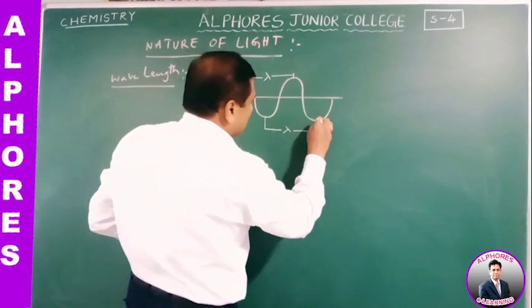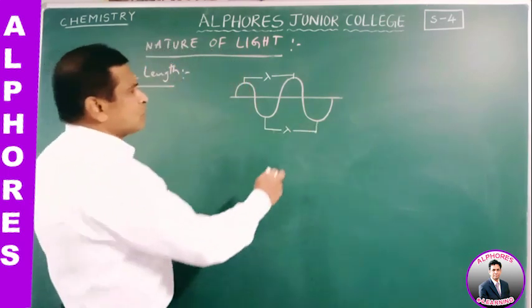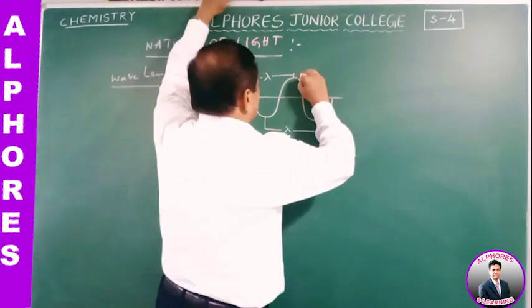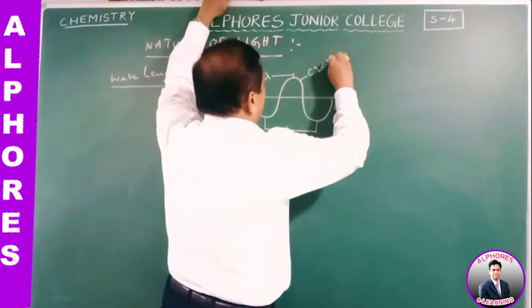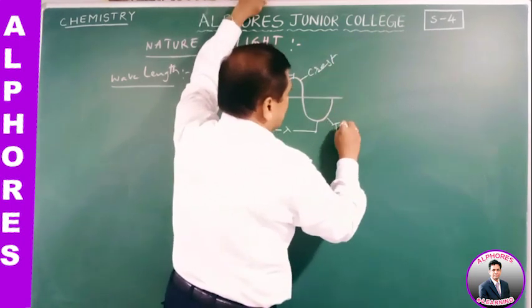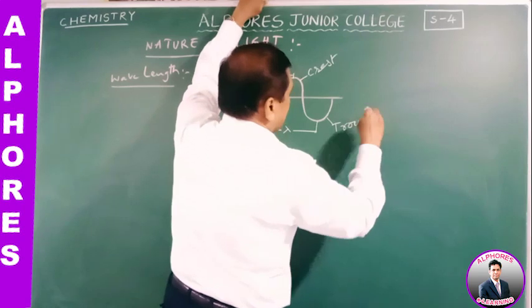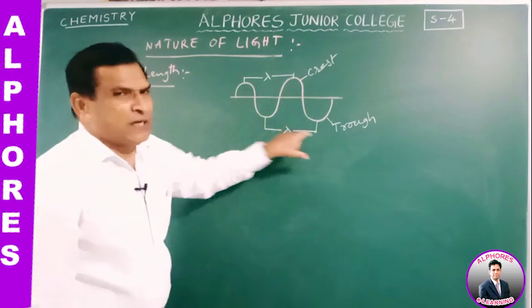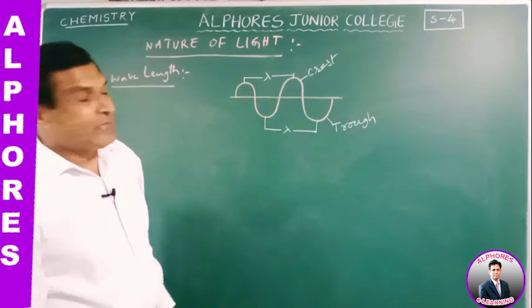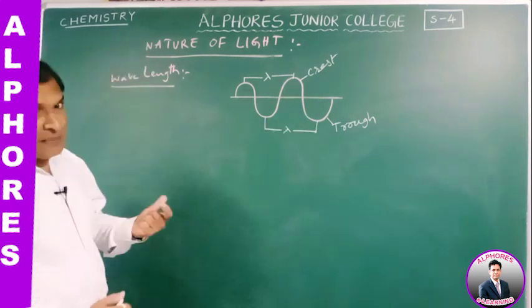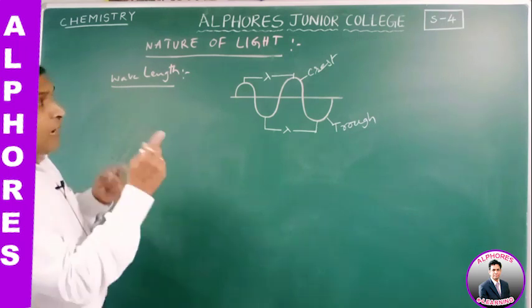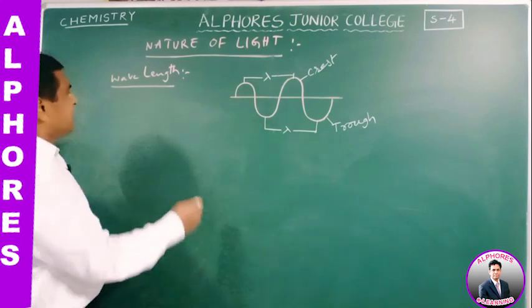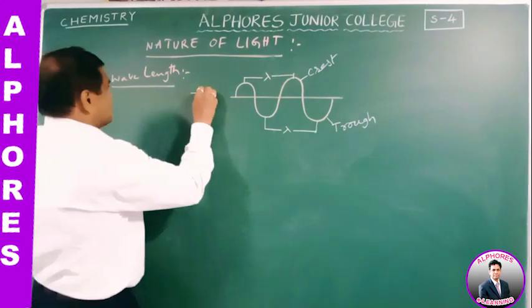The distance between two adjacent crests or troughs is known as wavelength. That is the definition of wavelength.